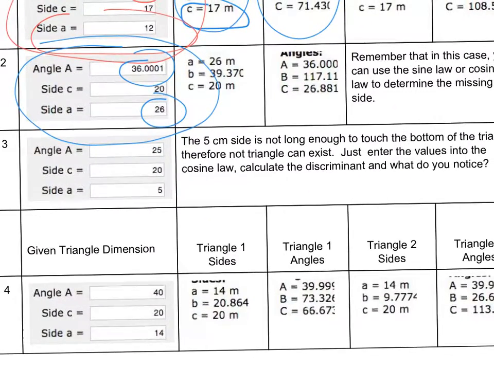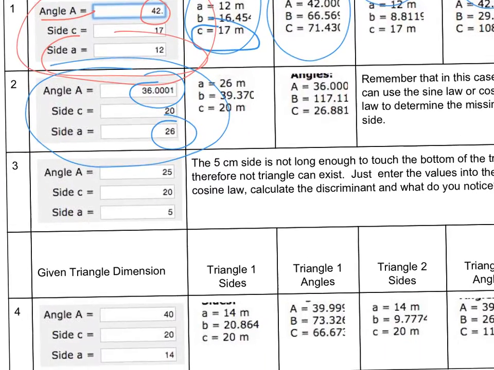With this one, if you try it in the cosine law, which I would encourage you to do, you're going to get one solution which is positive and another solution which is negative. Obviously the negative solution doesn't make sense. You don't have a negative length of a triangle, so you do only have 1 triangle.